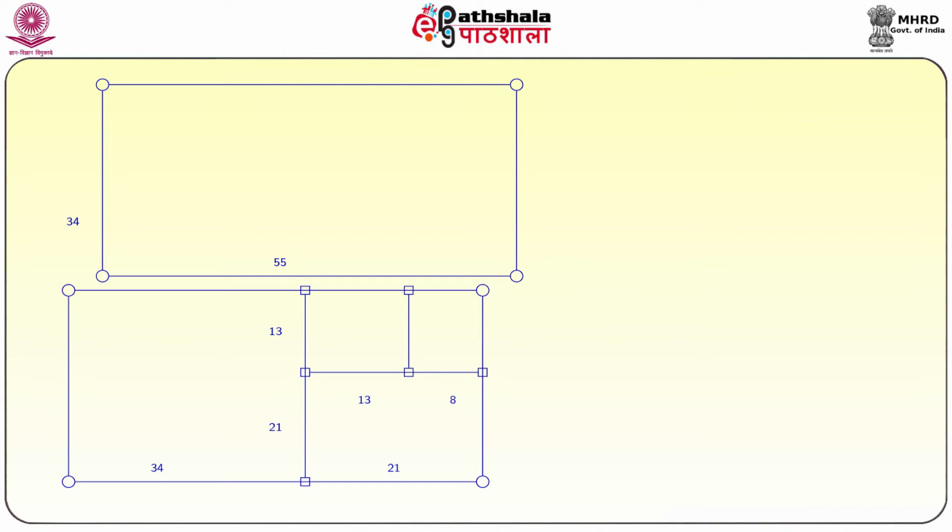Now the height 34 is divided into 13 and 21, again 21 is divided into 13 and 8, and so on. Like that we are going to reduce this rectangle. So, from this geometrical picture also we can understand that this algorithm eventually terminates and we will get the GCD of 2 integers.